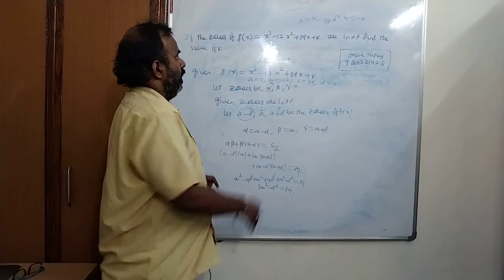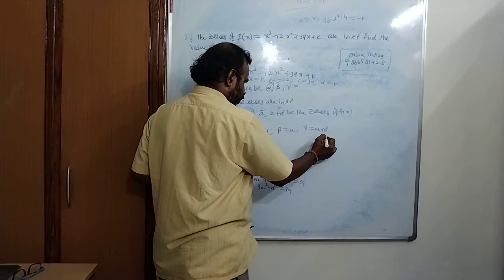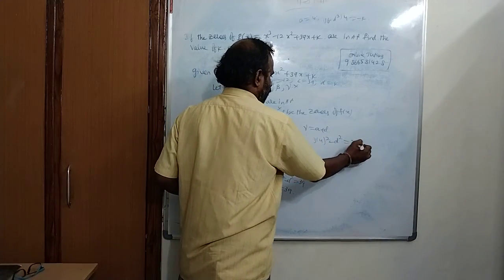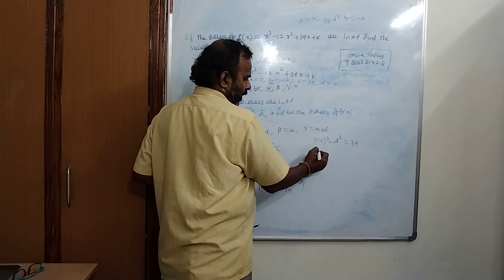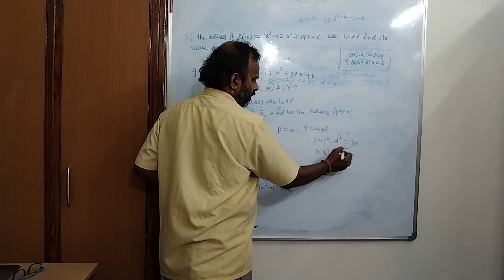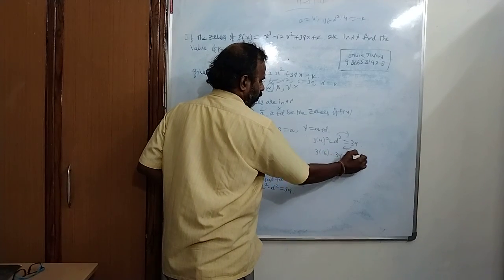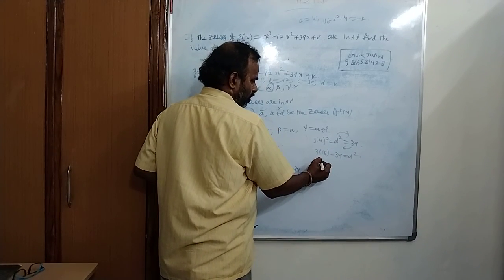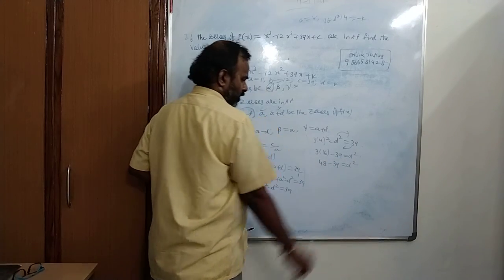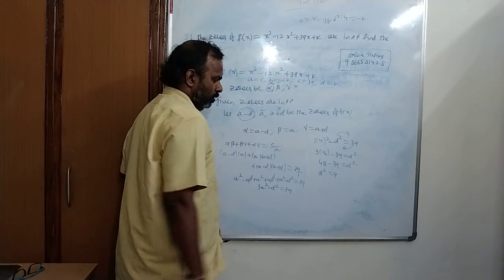Now what we got? a as 4 we got. So 3 into 4 square minus d square is equals to 39. 4 square is 16. 3 into 16, get this d square here and get this 39 here, minus 39 is equals to d square. 16 3s are 48 minus 39 is equals to d square. So d square is equals to 9.